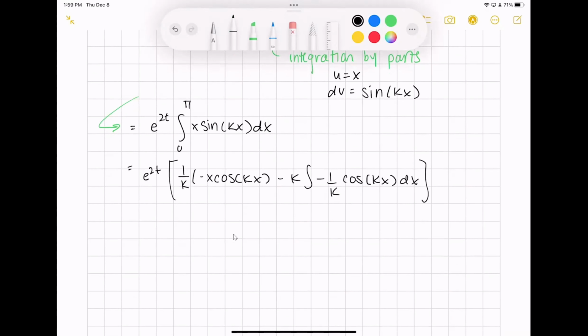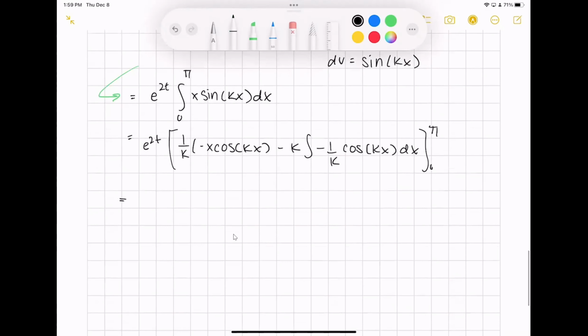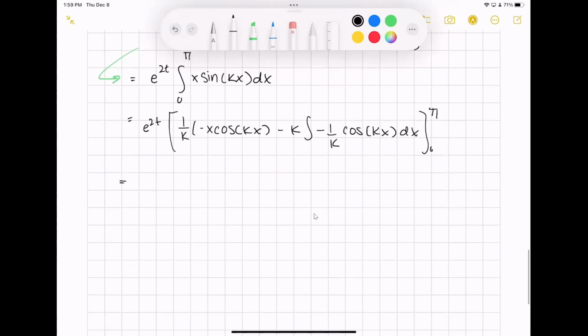And that is all evaluated from 0 to pi. So this is just doing integration by parts. Yeah, so from there, this stays, and then carrying out that integration, we'll have sine of kx, and then that's evaluated from 0 to pi.